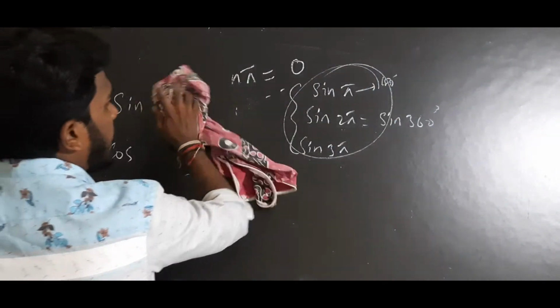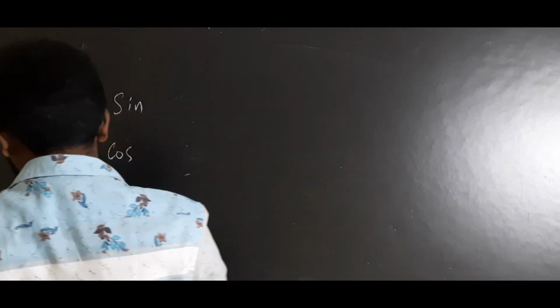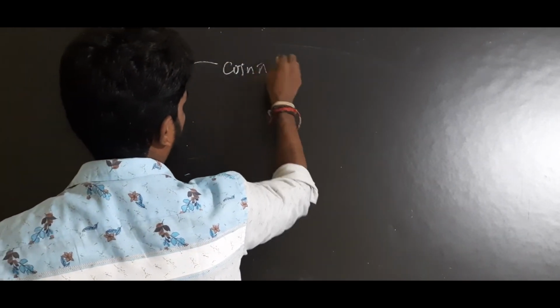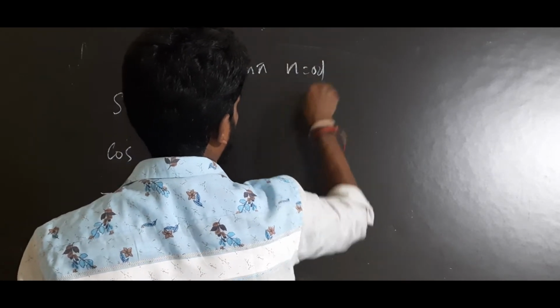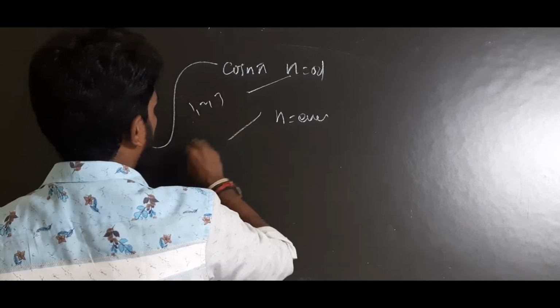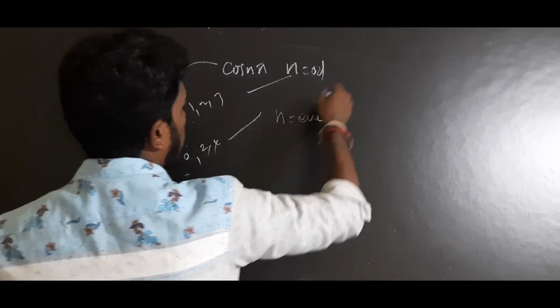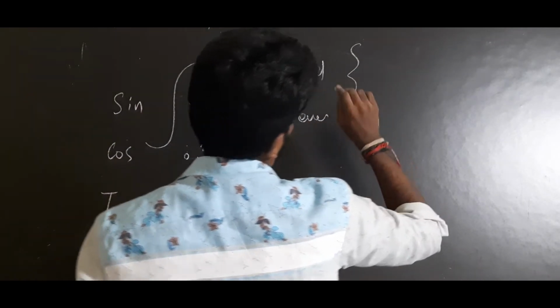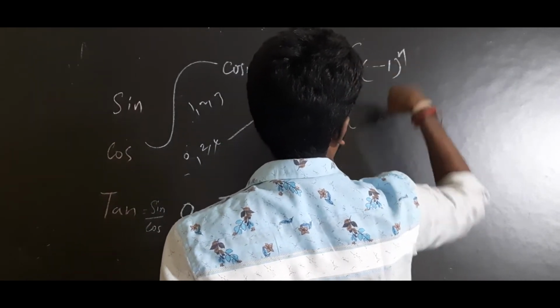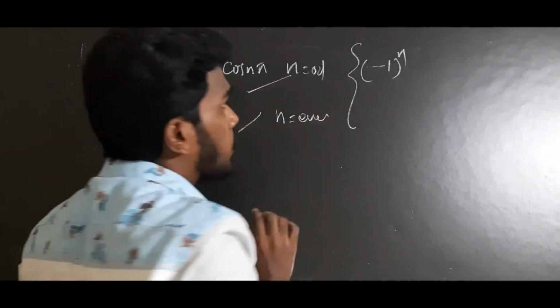For cos n pi, we have a special condition when n is odd and when n is even. Odd means like 1, 3, 5. Even means 0, 2, 4. So when n is odd or even, we represent it as minus 1 to the power of n, and this will be the answer.